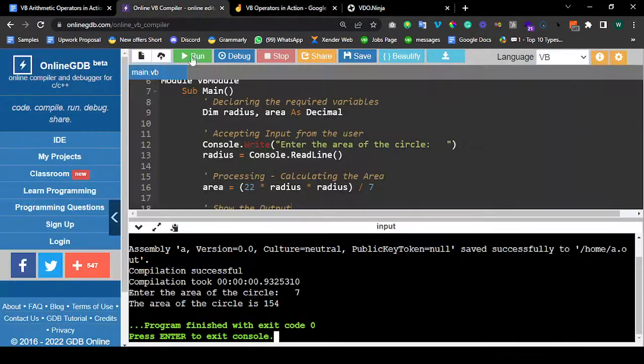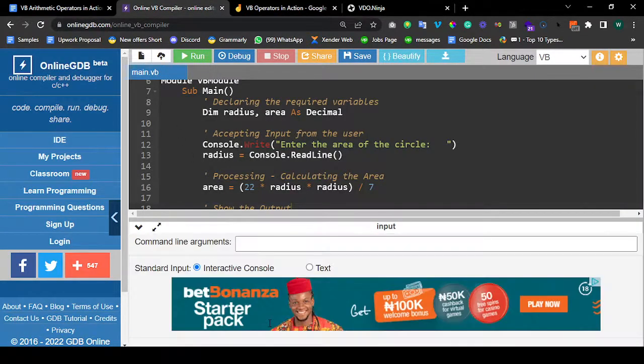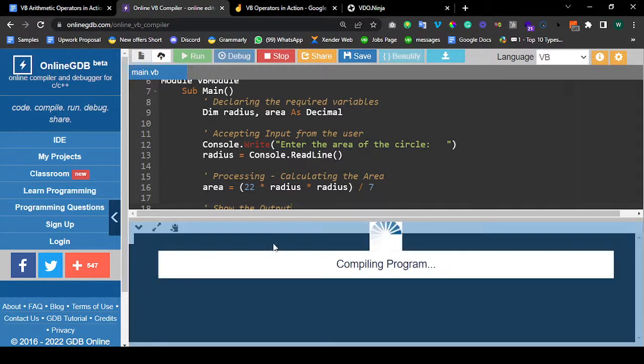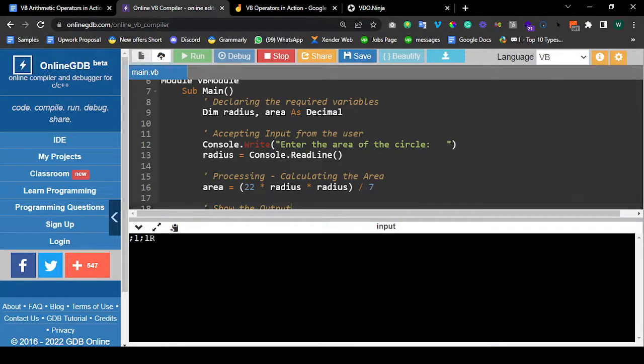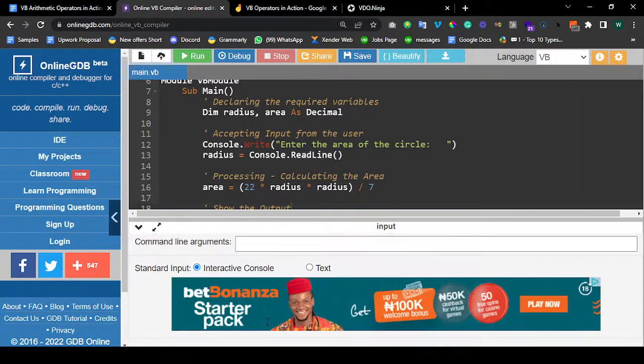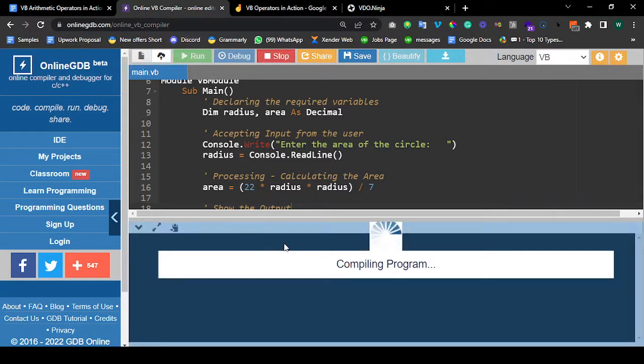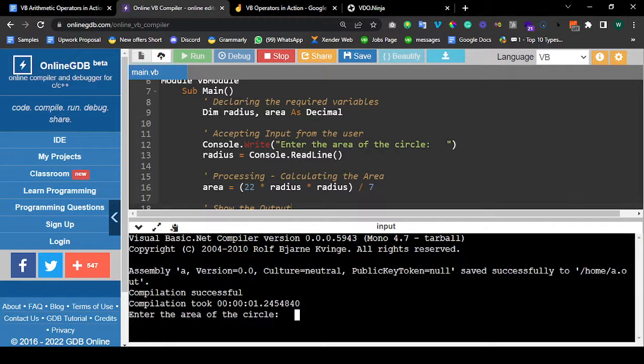So let's try out 10. Exit the console, run it again. This compiler is misbehaving. Something like that happens sometimes, since we're using it online, and it might be the network as well.